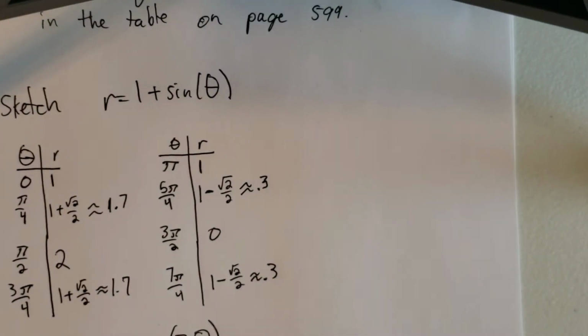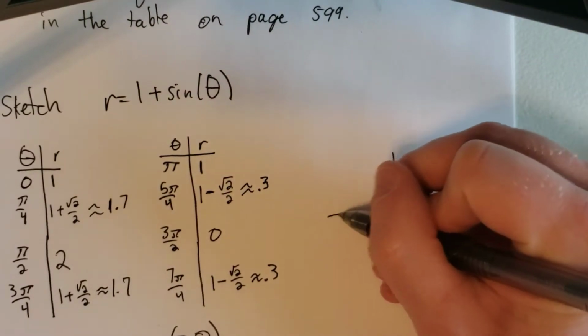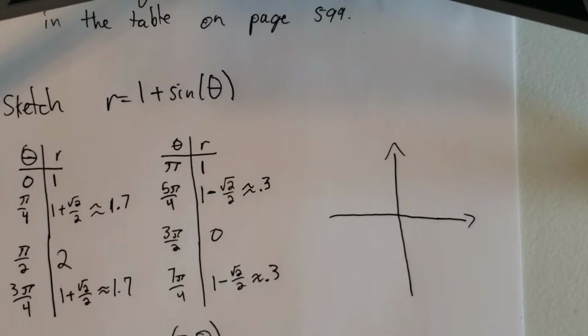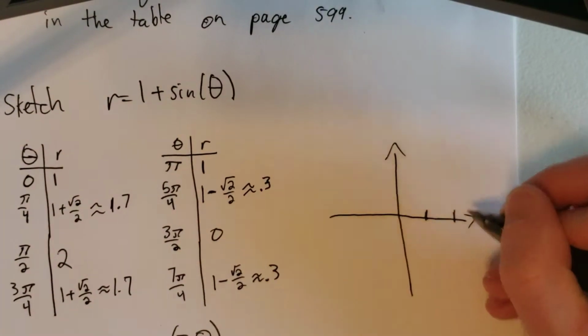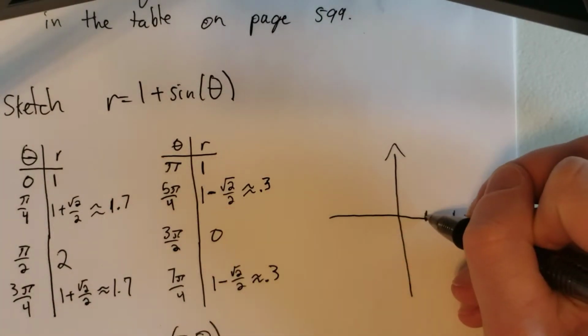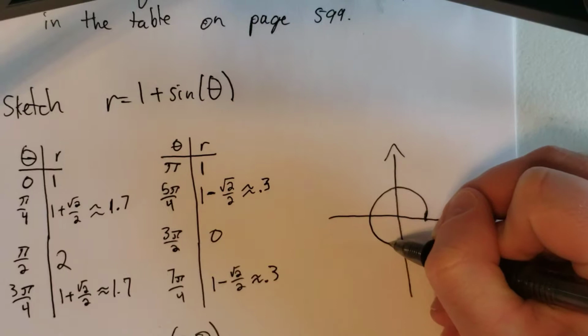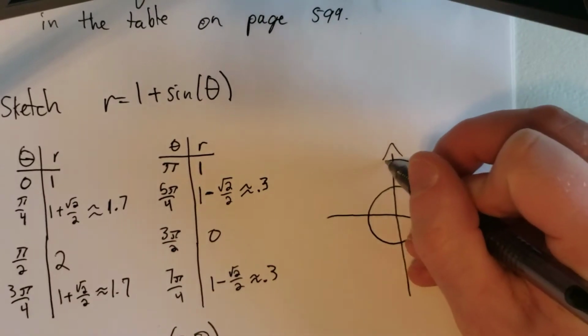Now let's draw a coordinate system and plot those points. So let's go with 1, 2. This is a circle of radius 1, and then a circle of radius 2.